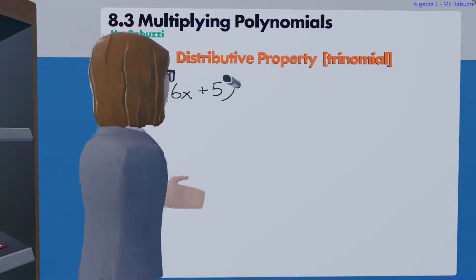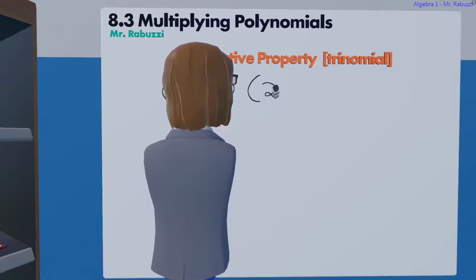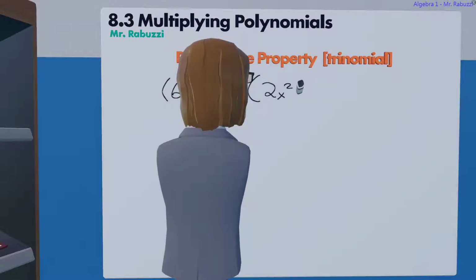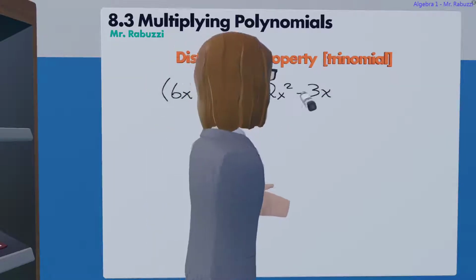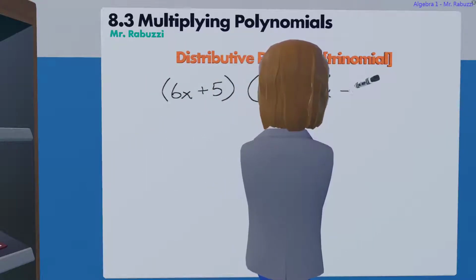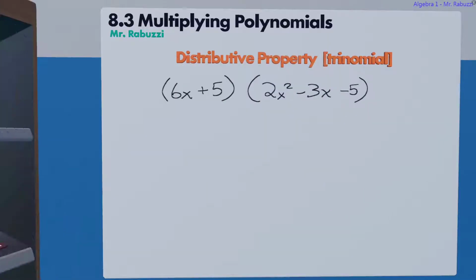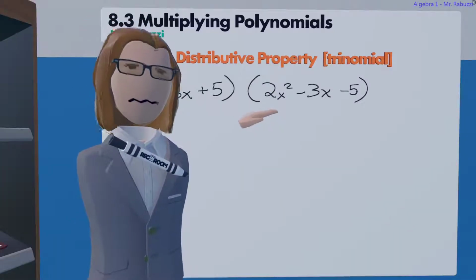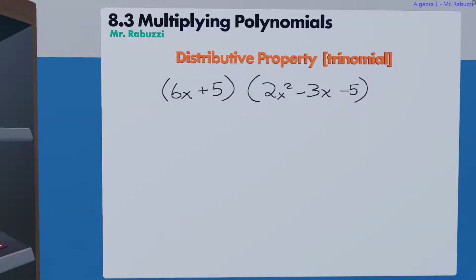This is going to multiply with 2x squared minus 3x minus 5. Okay? So this piece is a trinomial, that's a little harder. 1, 2, 3 terms. So we're going to multiply a 2 terms by a 3 terms.